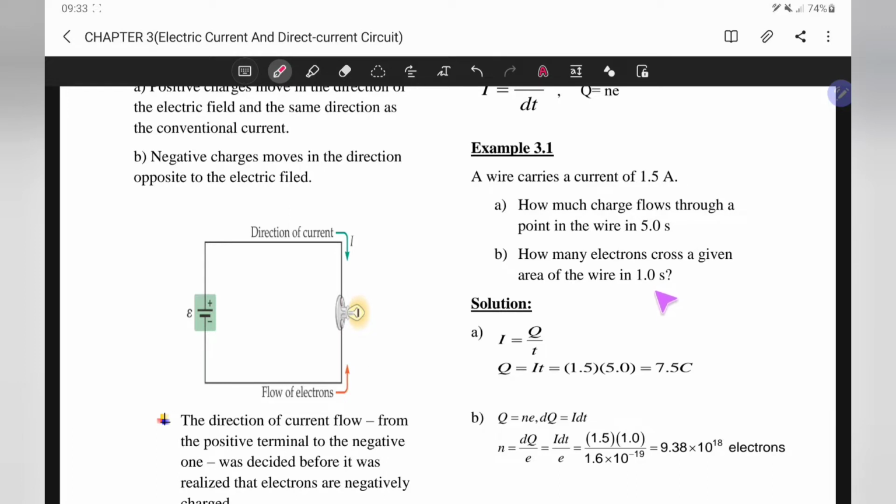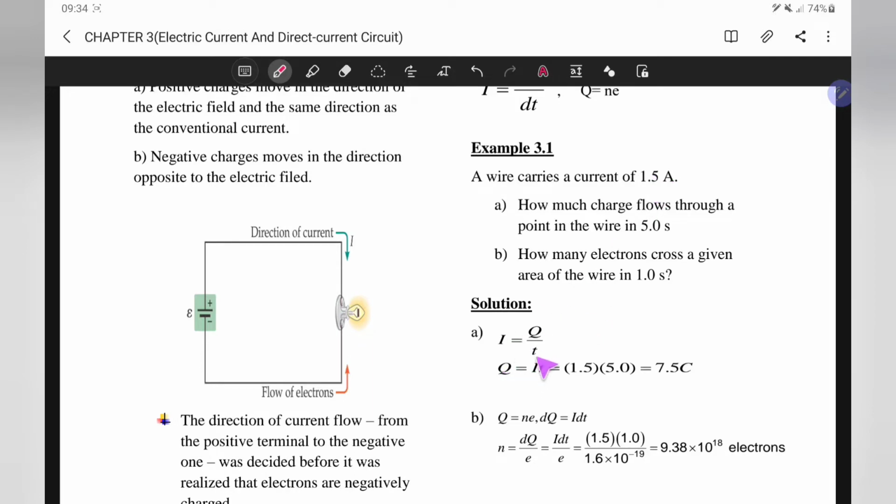Based on that, what do we have? I, time, also time. First, given a current, they ask you to find the magnitude of charge in 5 seconds. So I equals Q over T, Q equals IT.